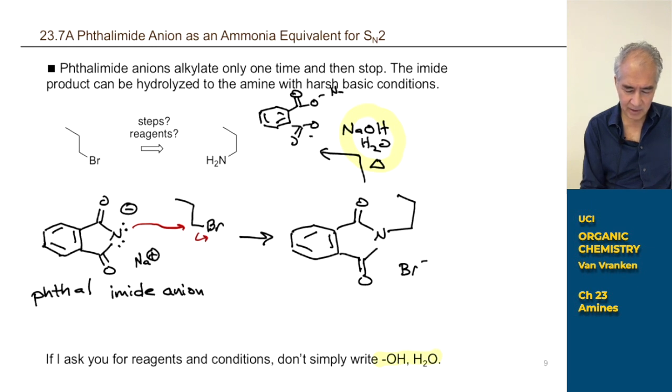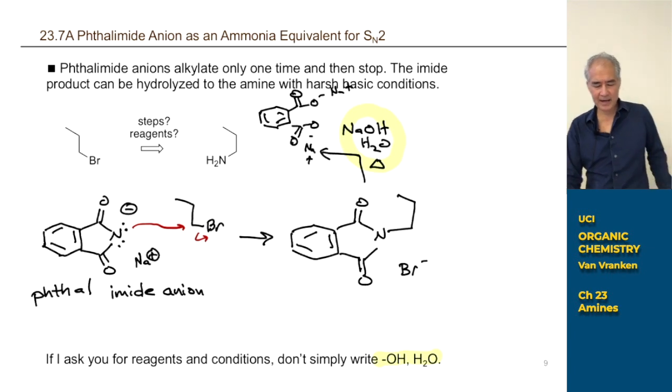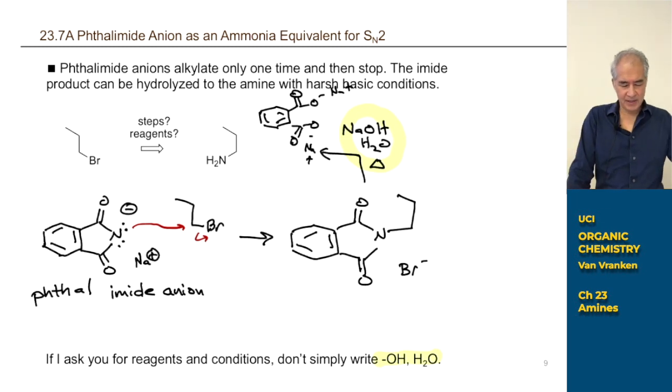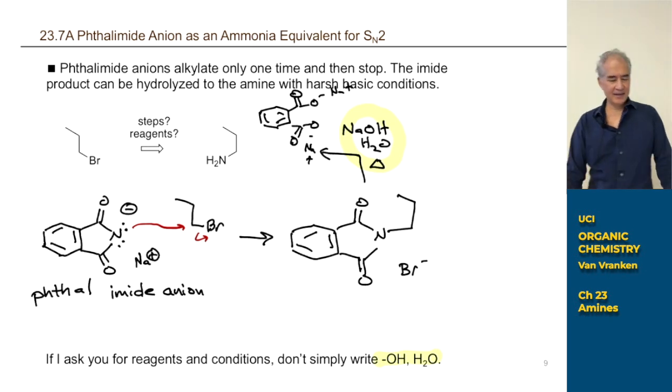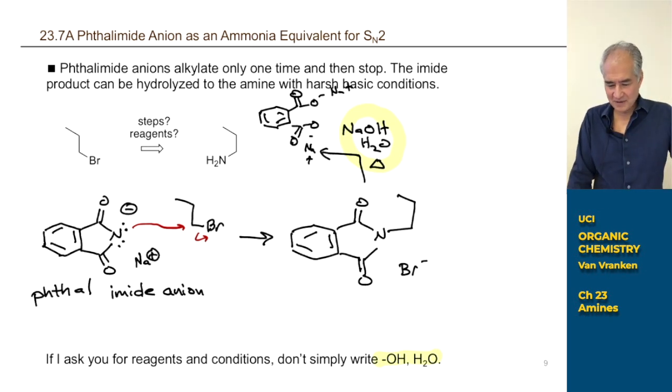And if it was done in sodium hydroxide, you'd have sodium counterions associated with that, Na+ over there. So that you throw away. This is called the Gabriel synthesis, and it's a bit archaic now. We have other ways to do this, but this is exactly the kind of question they would ask you in the MCAT or the DAT. They haven't seemed to move into the current millennium here.